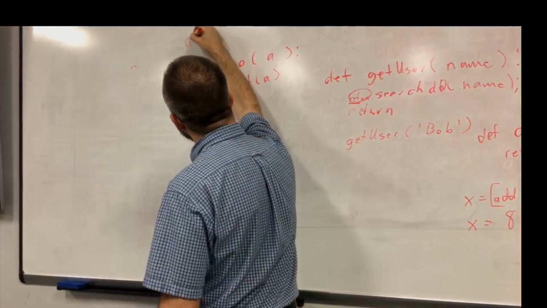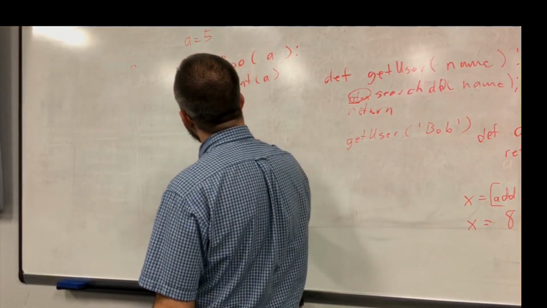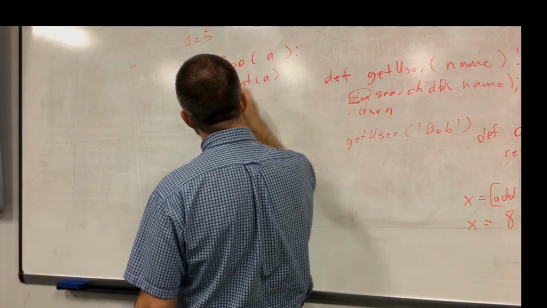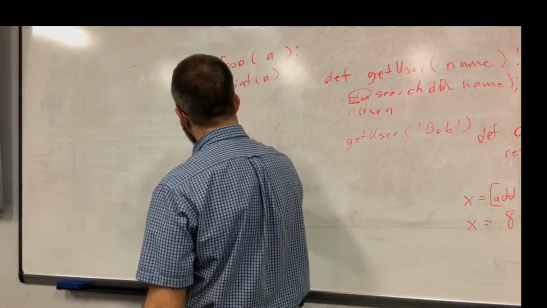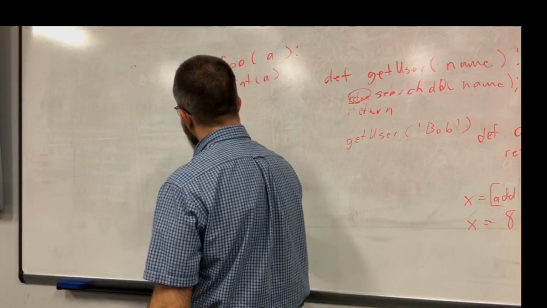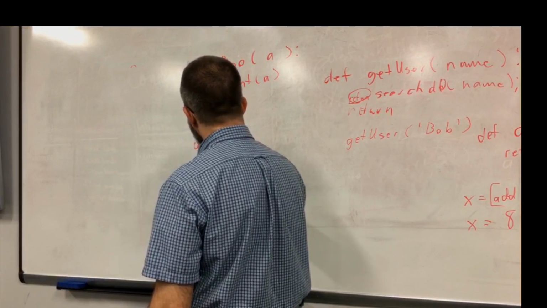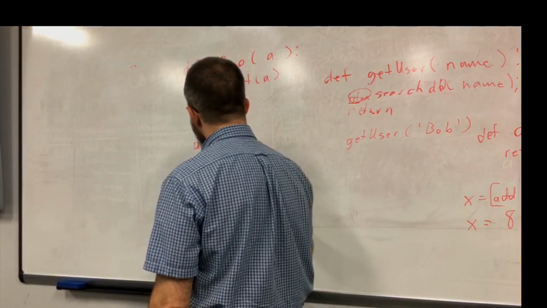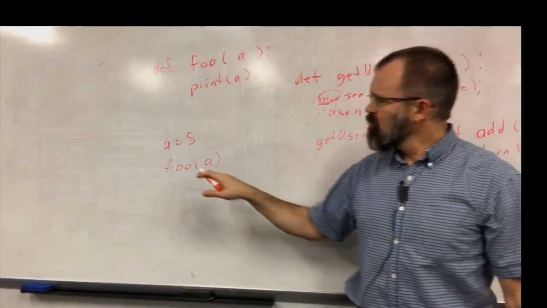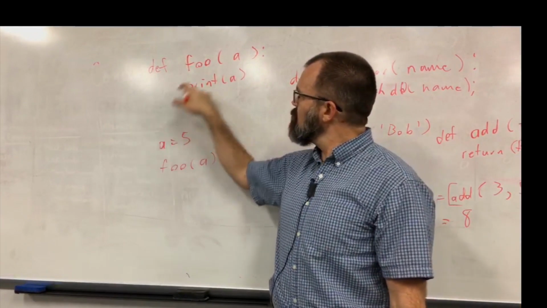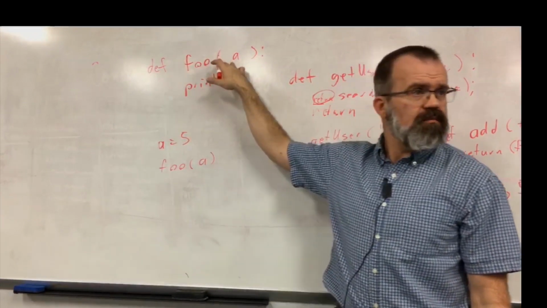If I did something like a is 5, I'll define foo up front, and then I'll say a is 5, okay? And then if I say foo a, this is confusing in some ways because I'm using the same name as is inside this scope.